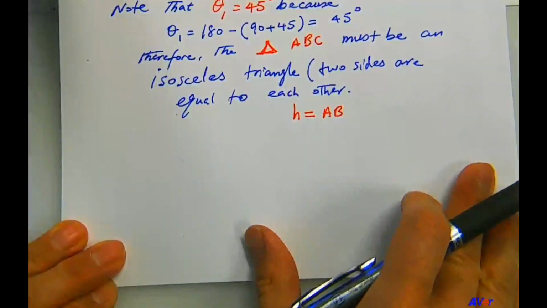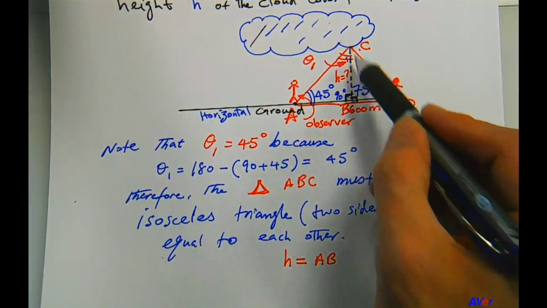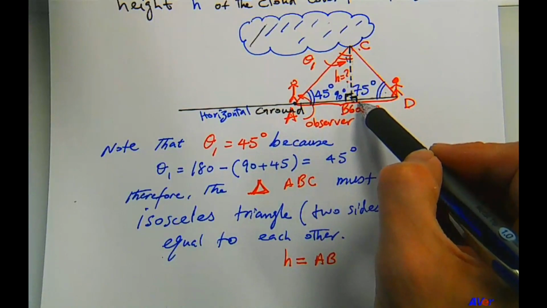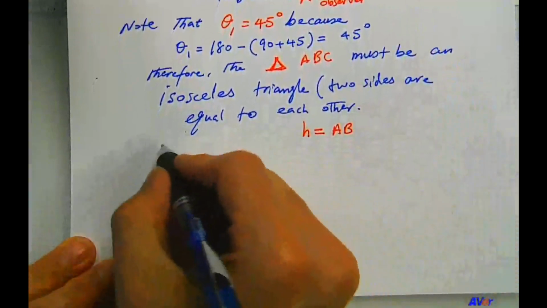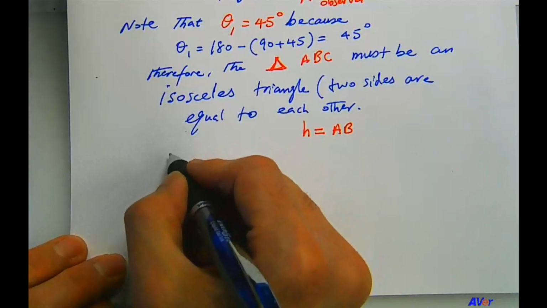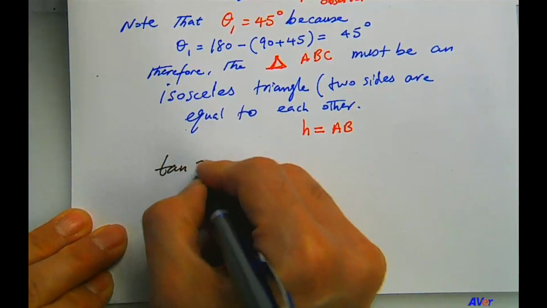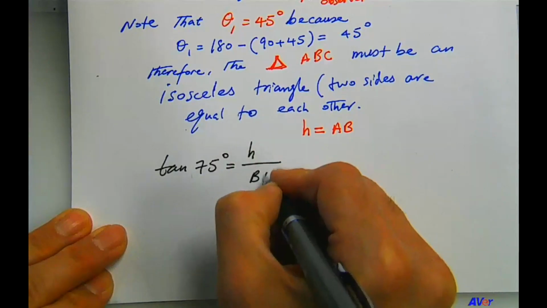So for now, we're going to take tangent of 75 equals the height, which is H, divided by the adjacent, which is BD. So tangent 75 degree is equal to H divided by BD.